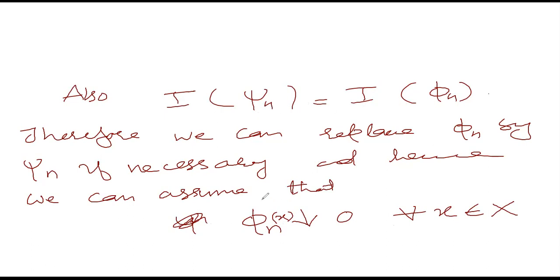If it already holds, then we don't need to replace it. But if it does not hold already, then we can replace this phi n by psi n, and we can say this phi n of x decreases to 0 for all x in X now.